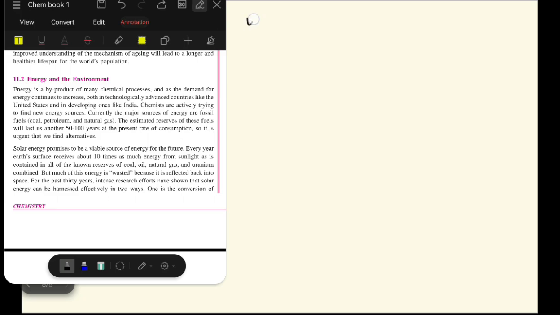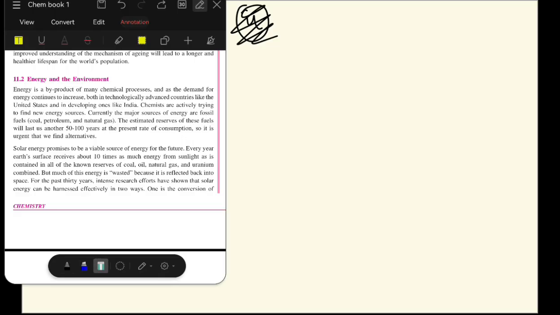Now, though we are burning fossil fuels, there is a huge disadvantage of burning fossil fuels in today's world.